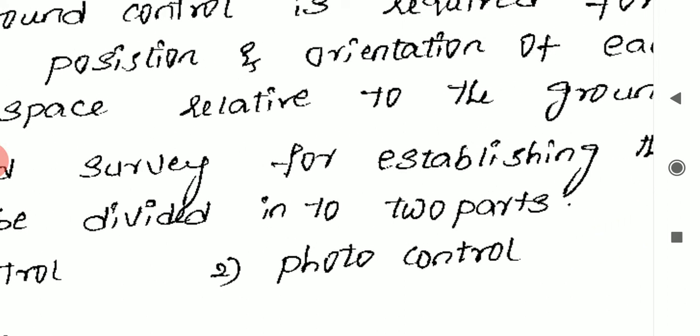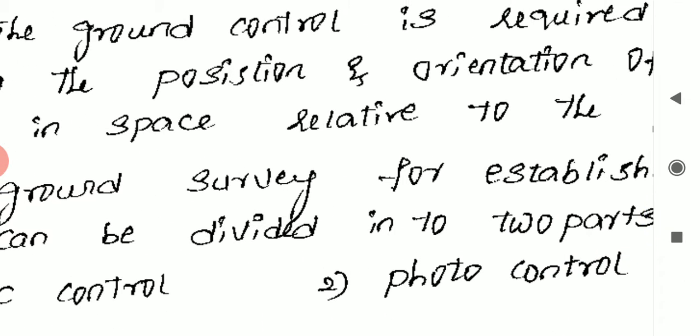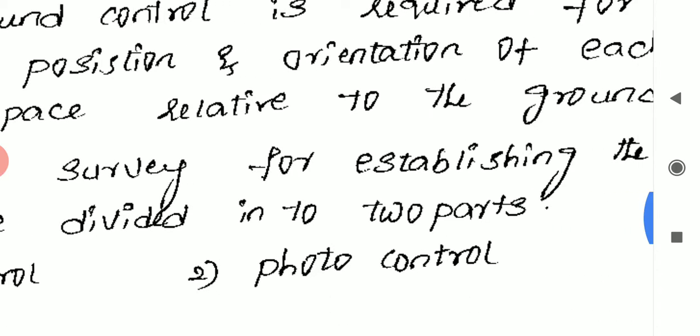Photo control consists of establishing the horizontal position or elevation of the points on the photographs with respect to the basic control points.